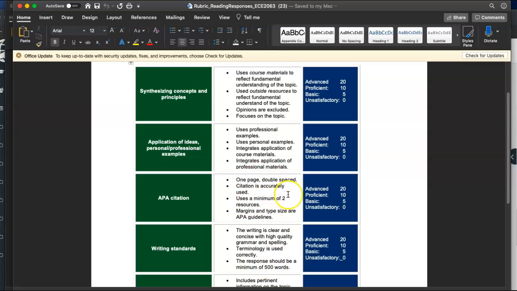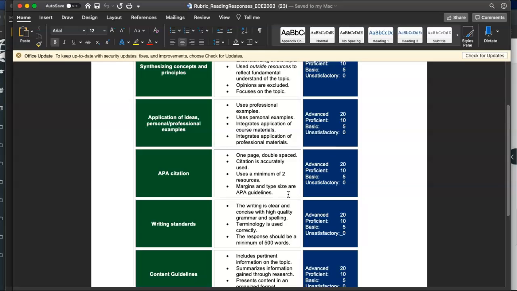You have to use a minimum of 2 resources. You need to use our course material and outside resources. It should stay on topic. You need professional and personal examples, and you're integrating our class material and the outside material that you found into your response.